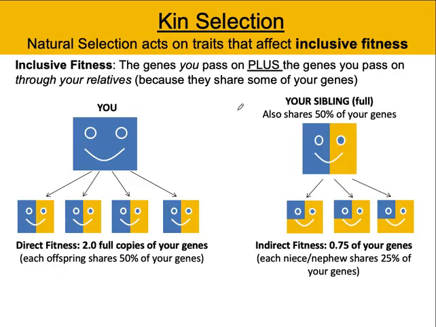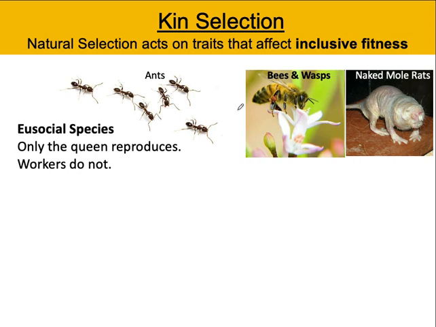Okay, let's jump back ahead. So there are examples of altruistic behaviors in different animal species, in particular in eusocial species, like ants, naked mole rats, or bees and wasps.